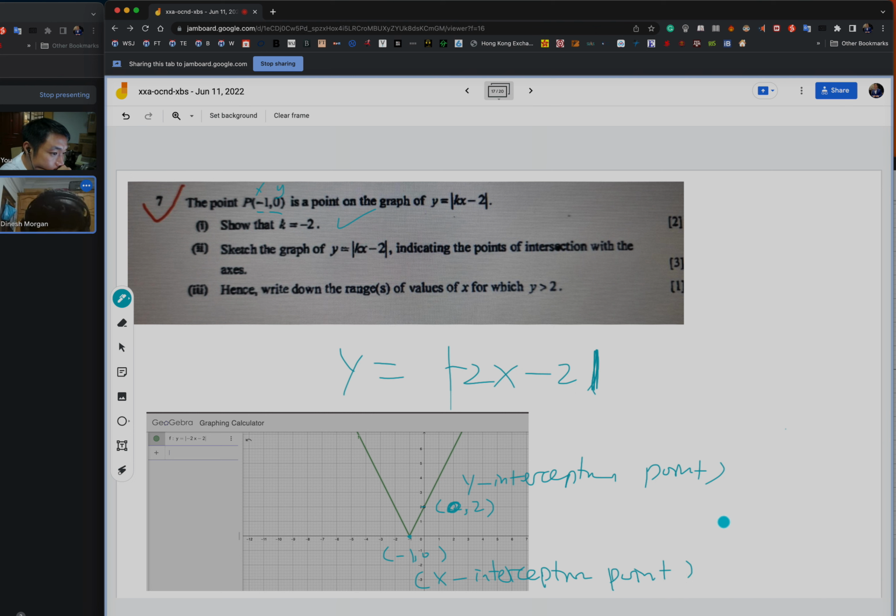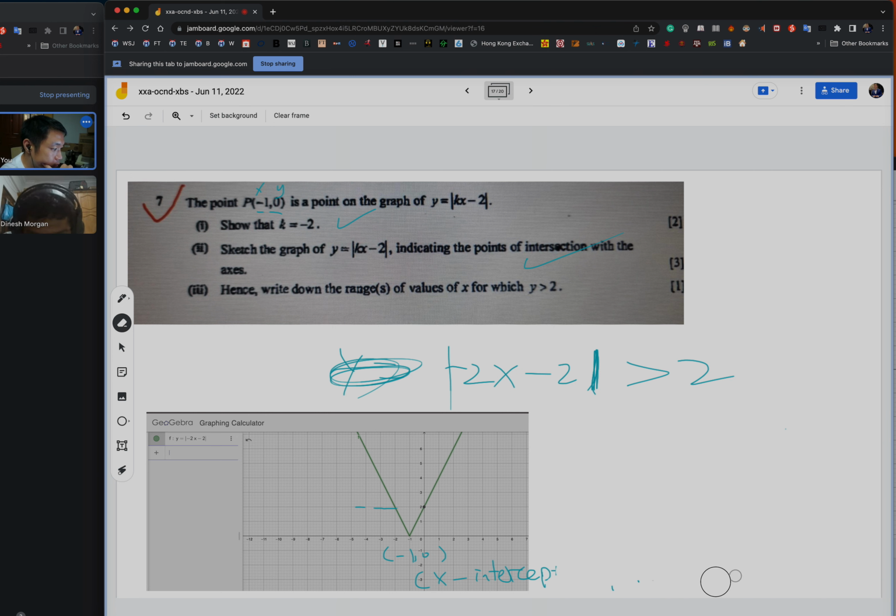Okay? Done. Hence, write down a range of values of x for y bigger than 2. So y bigger than 2. So that means you have this y bigger than 2 here. So anything above this line. You need to get this bigger than 2. Okay, by the way, I'm going to just do it.